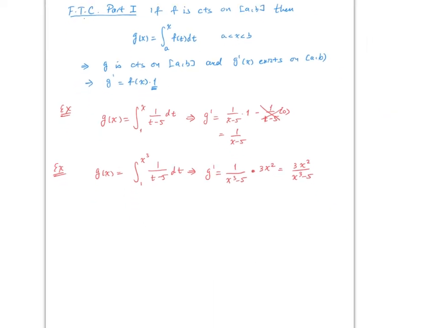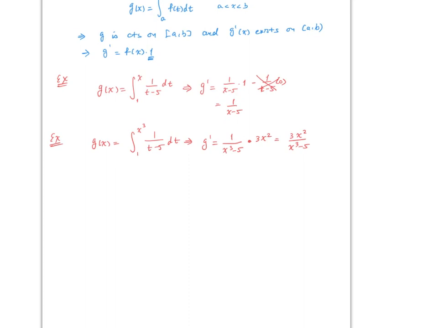And so that you can see the whole picture, let's say that the integral was defined like this instead. Let's say this is the integral from x to x cubed of 1 over t minus phi dt.